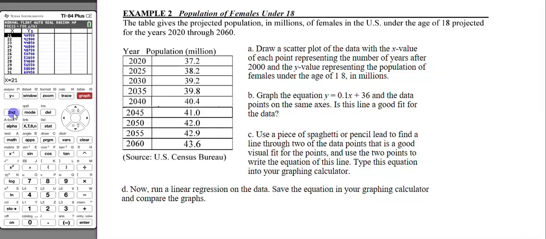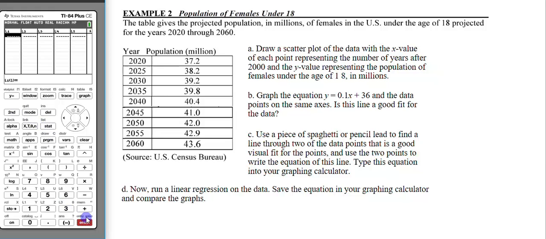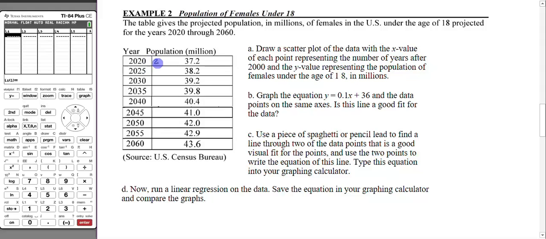So let's go ahead in our calculator into the stat editor. We can put this data. Now our year is going to be aligned to the year 2000. So this is going to be an x of 20, 25, 30, 35, 40, 45, 50, 55, and 60.